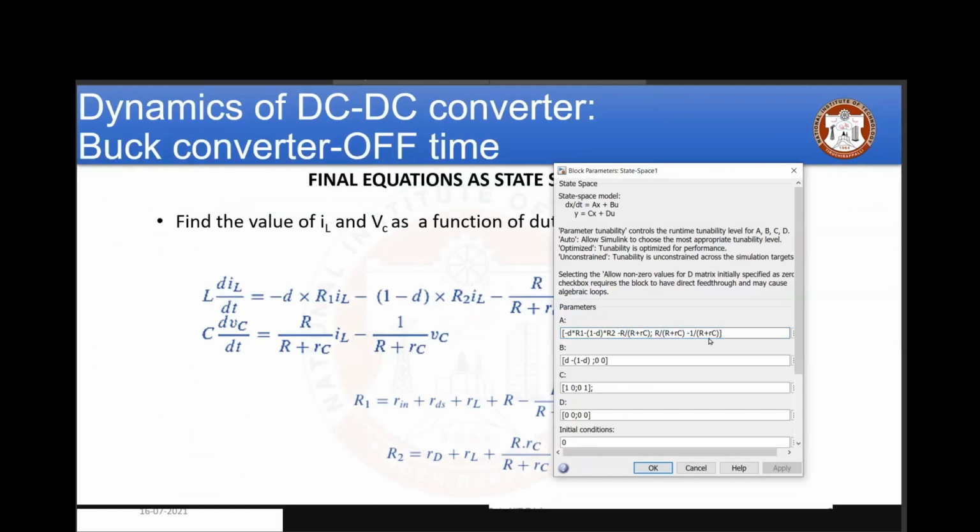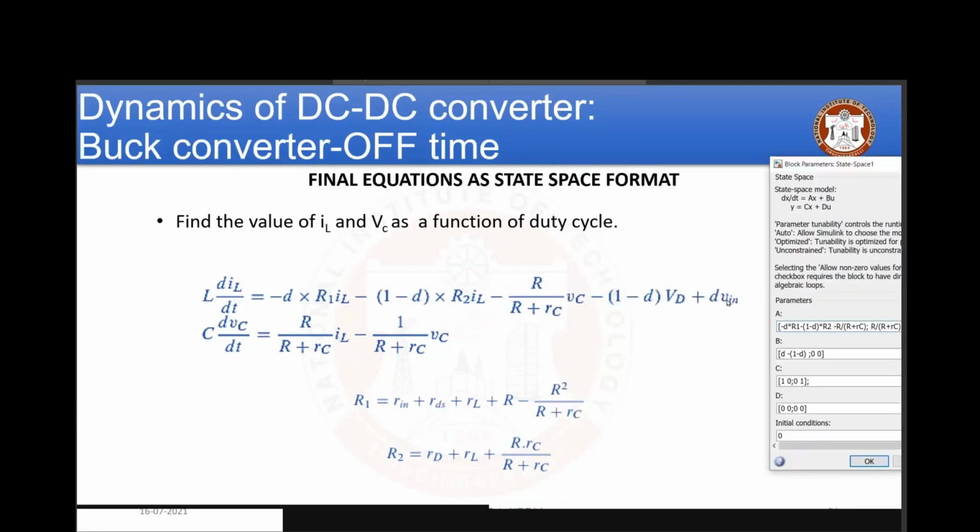So this is how it is. What about my B and C? B is like 1 in one of that. What is your input? D you have. So I'm going to give D. You have another input also, minus 1 minus D. You have to write this in this format.